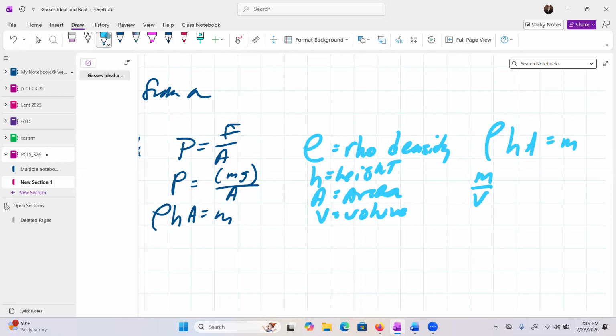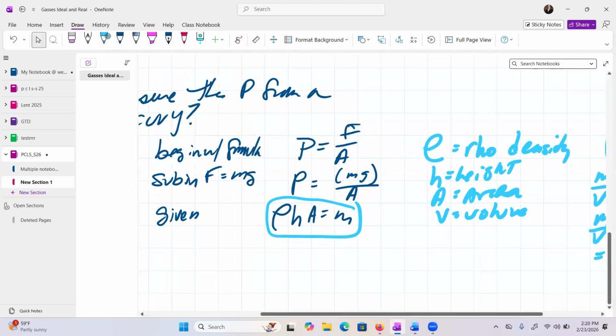Then we have height, and we have area, which is length times width. Now we can do some canceling here. We get M over V times V, which is equal to the mass. And that is why this is a substitution we could use.